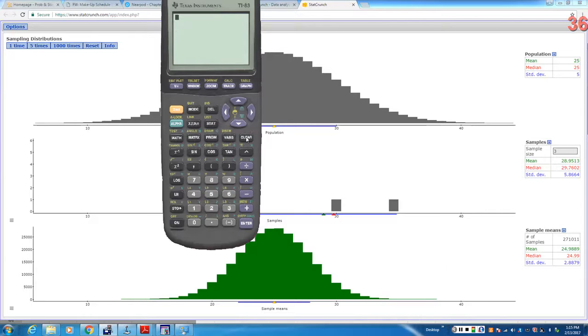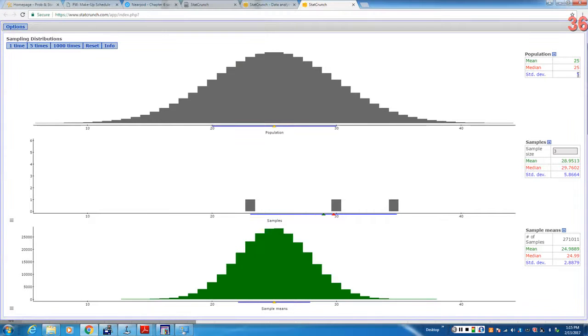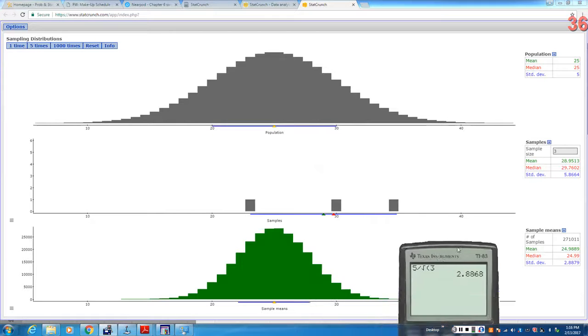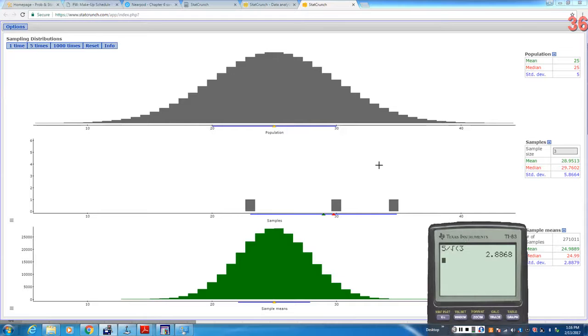Oh, I'm sorry, that's not what we have. Take this population standard deviation right there. Take the 5, and divide it by the square root of 3. I'm sorry, that's what we have to do. And what do you get? 2.886. Right, which is very close to this one right here, right?